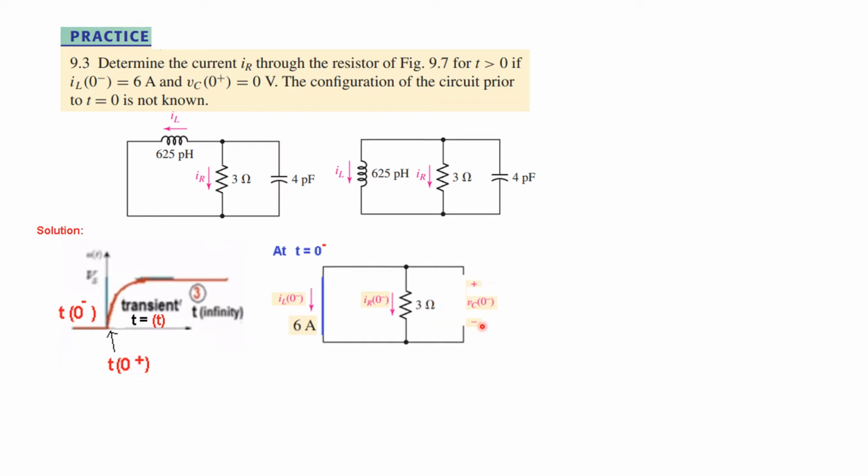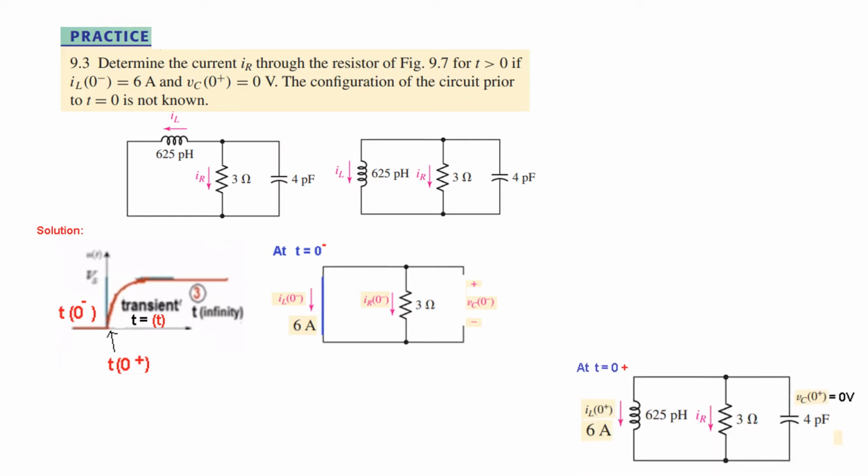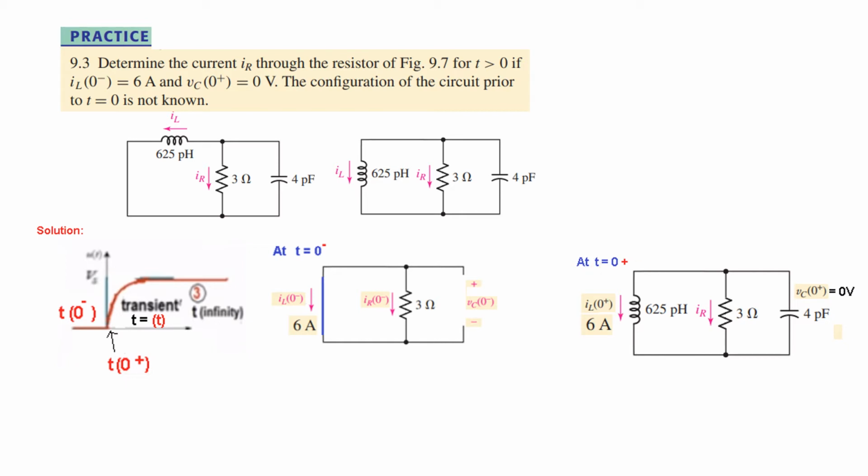This current is given, IL(0-) is 6 ampere, so we write this as 6 ampere. This is IR(0-), and this is VC(0-), and its value is not given, so we'll just write it like this.